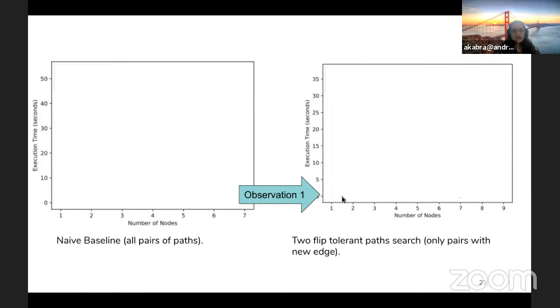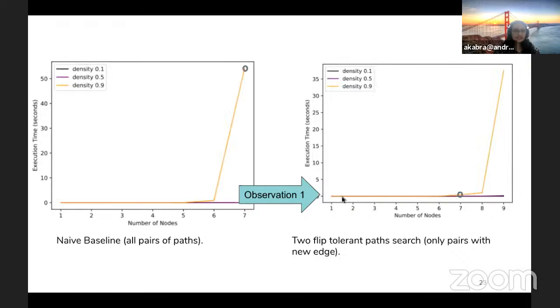In these graphs, the y-axis is time in seconds, and the x-axis is the number of nodes. The color indicates density, and so you can see over here, going from the naive baseline with observation 1 to the 2-flip tolerant baseline, brought down the execution time for 7 nodes and 0.9 density graph from 50 seconds to about a second.